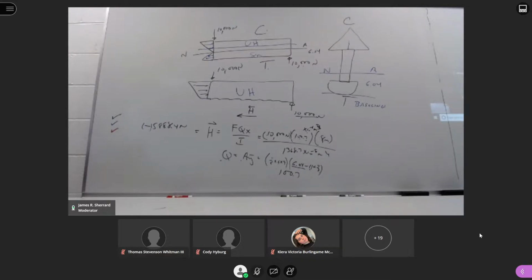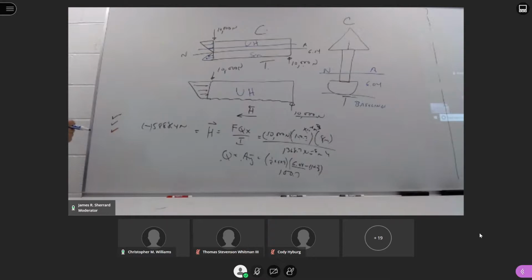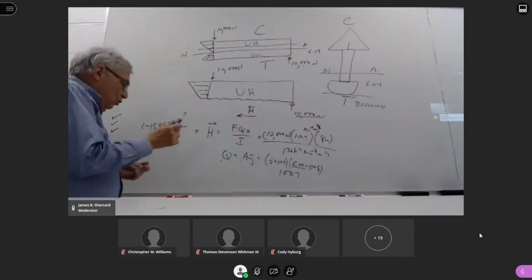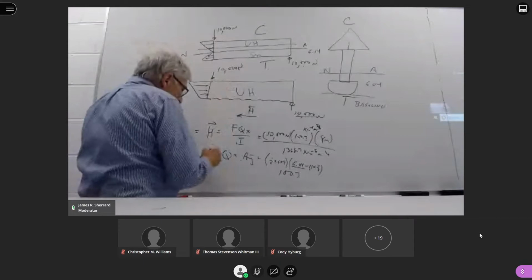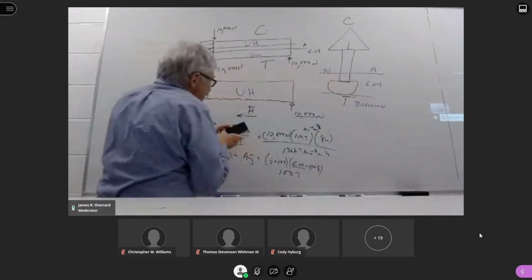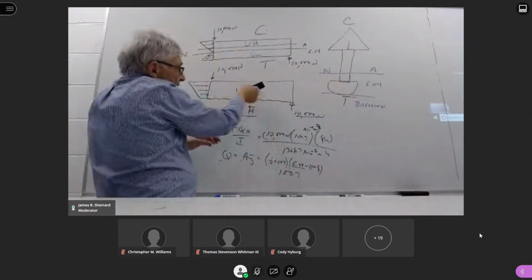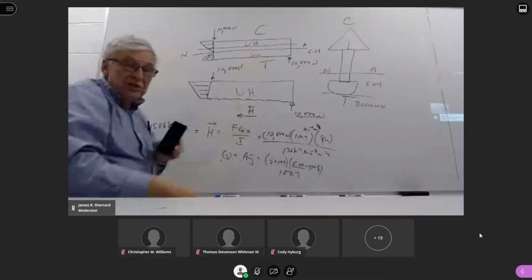I have a question. Yep. How do you conclude which direction the shear is going? Okay. When I look at this force and this force acting on the member, this force acting up, this force acting down, it makes it want to rotate counterclockwise around the z-axis.